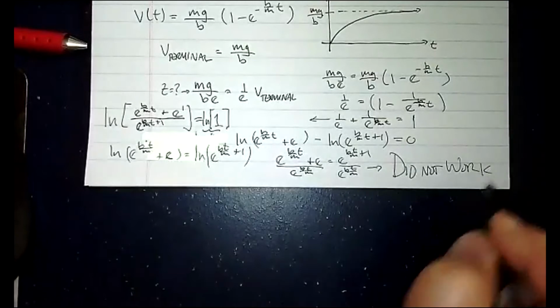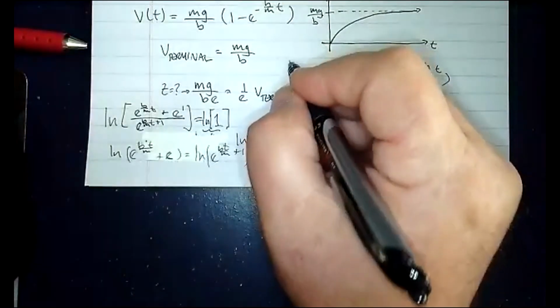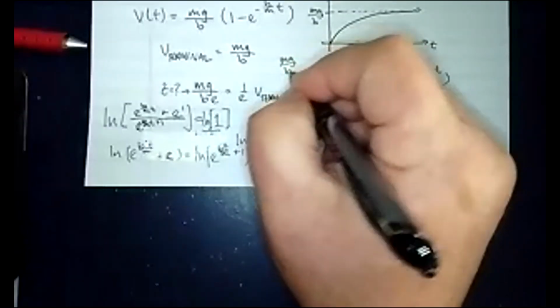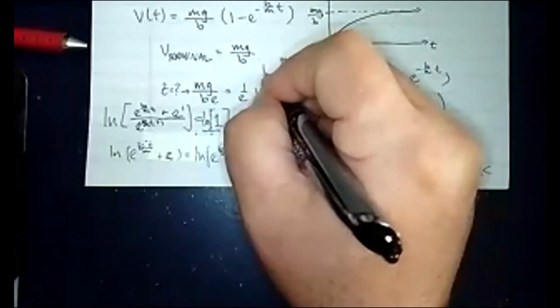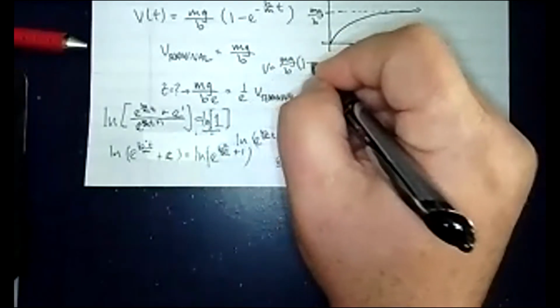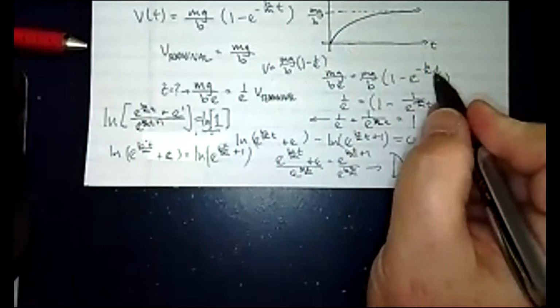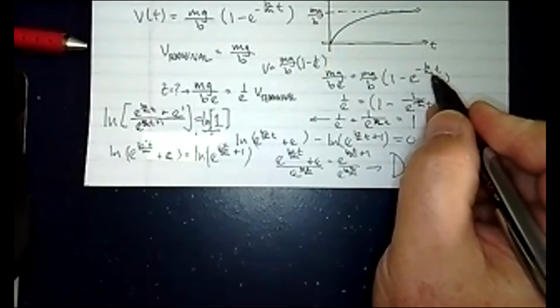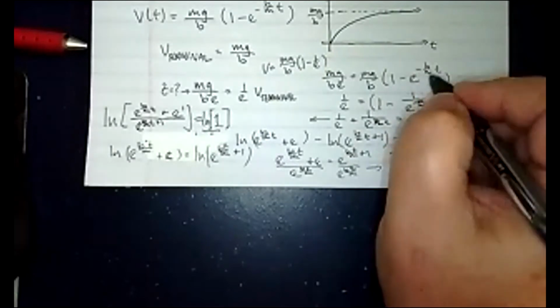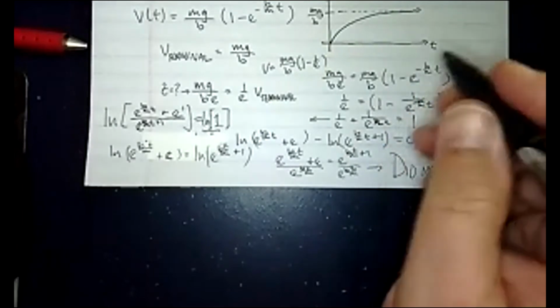So like I said, what I should have done is solve for when v is equal to mg over b times 1 minus 1 over e. And then it's trivial, because duh, it's when t equals m over b.